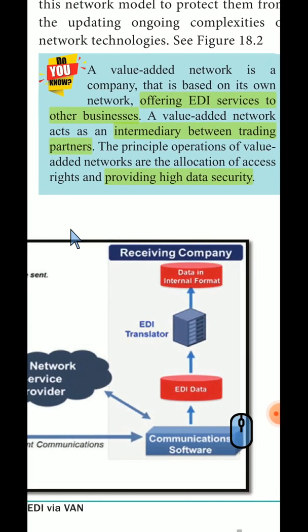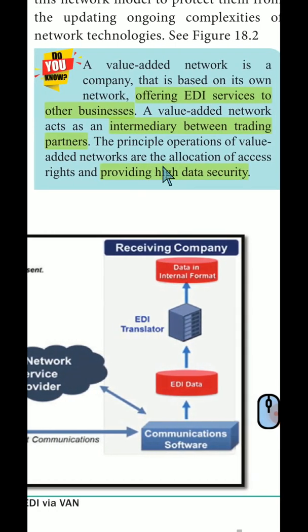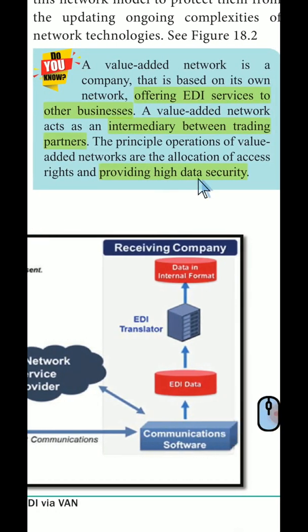And here the principal operations of value added networks are the allocation of access rights and providing high data security. So why will these organizations depend on this intermediate network service provider? In order to have high data security, and it also allocates access rights, so which company should transfer documents to the particular company.